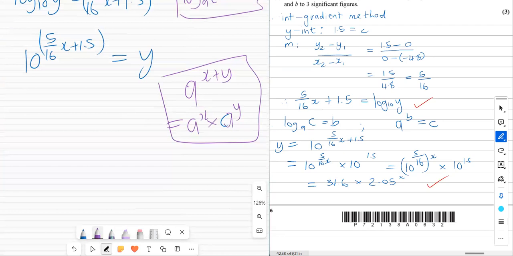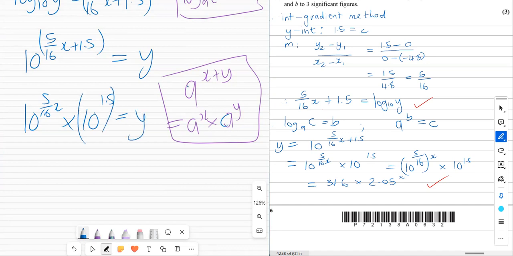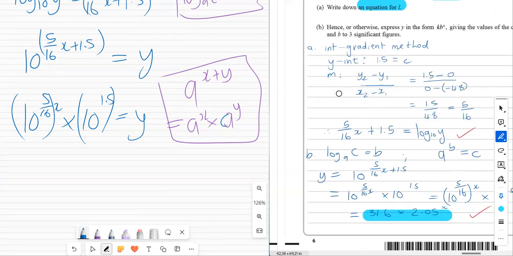We end up with 10 to the power of 5 over 16 x, times 10 to the power of 1.5, equal to y. With a little bit of calculator work, you end up with the correct answer. The correct answer I've written down over there. So that's the first part of this question.